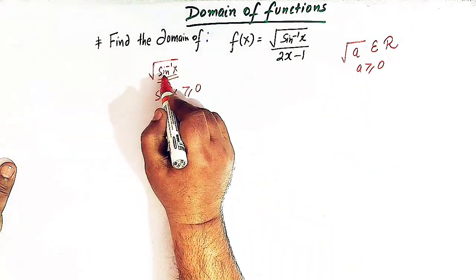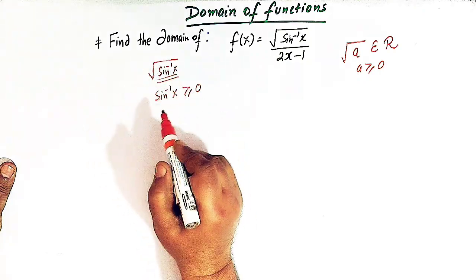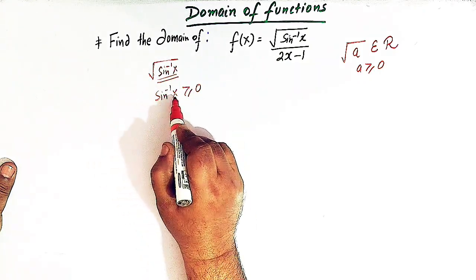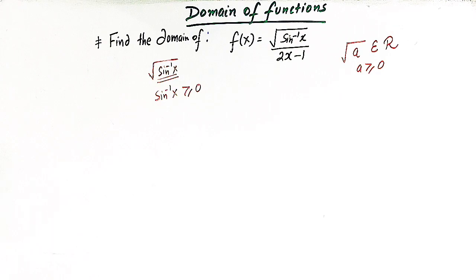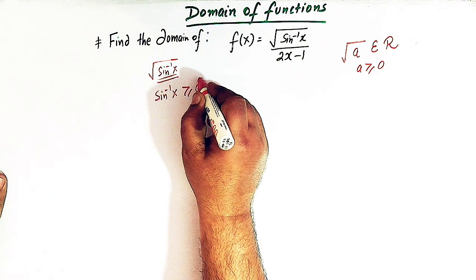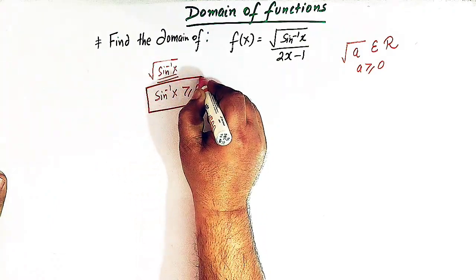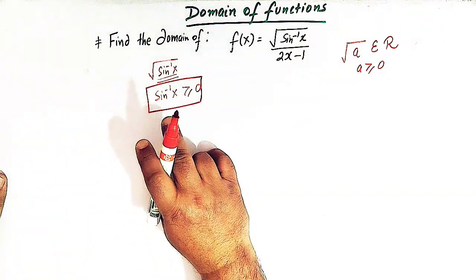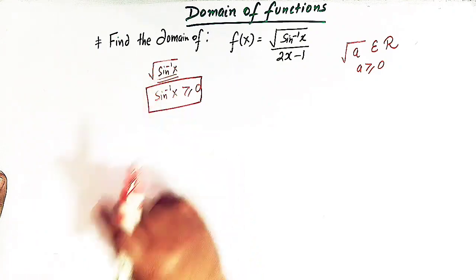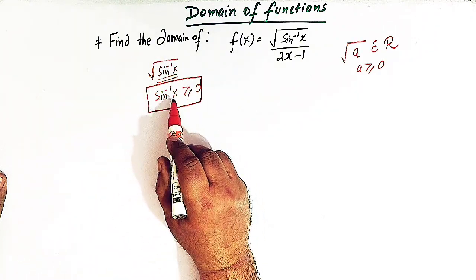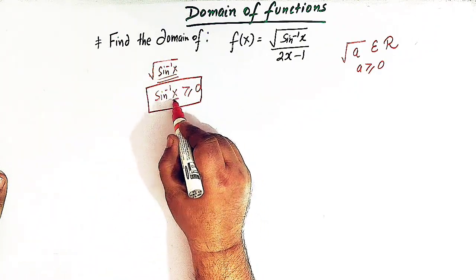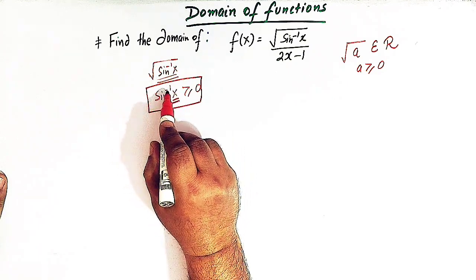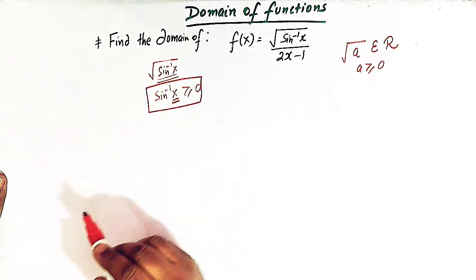So square root of sine inverse x is valid only when sine inverse x is greater than or equal to 0. So now we have this important inequality, right? From here we have to proceed further to get the values of x which satisfy sine inverse x greater than or equal to 0.